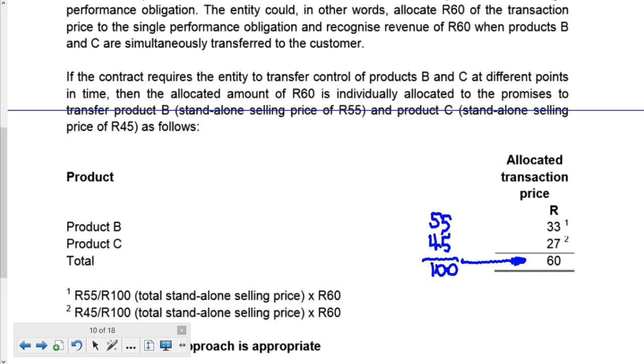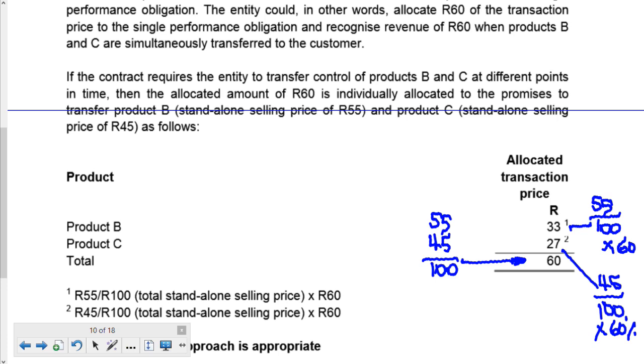So I say 55 divided by 100 times 60, and I will get that one. And then for this one I will say 45 over 100 times 60. It was straight percentages because that added up to 100. So basically you're saying 60 times 55%, 60 times 45%.